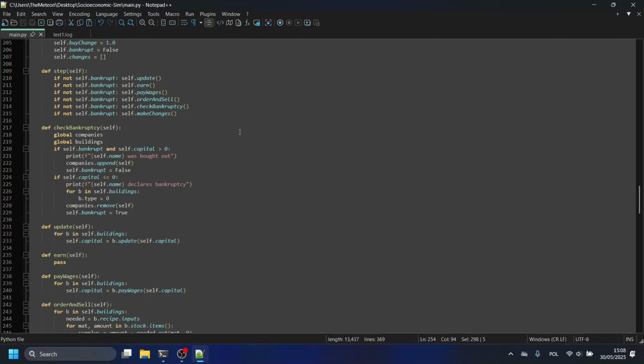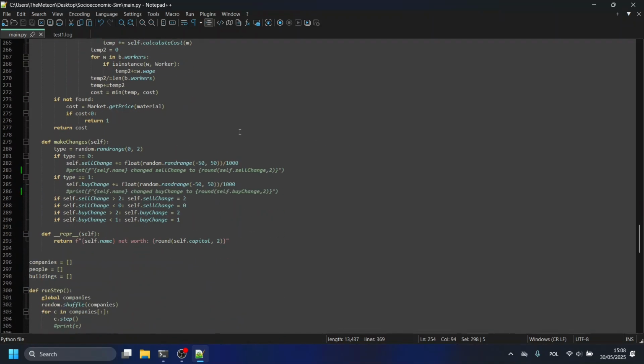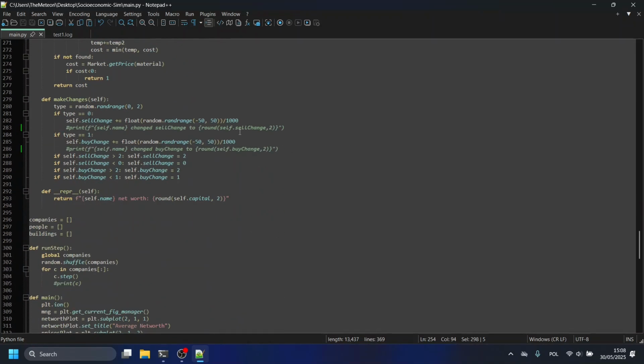Then we make changes to the company. Make changes basically changes how much more we want to sell and how much more we want to buy. So, if the market price of something is, let's say, 5 and our buy change is slightly over 5, we will offer for the listing slightly more than the market price, slightly modifying it in the process.